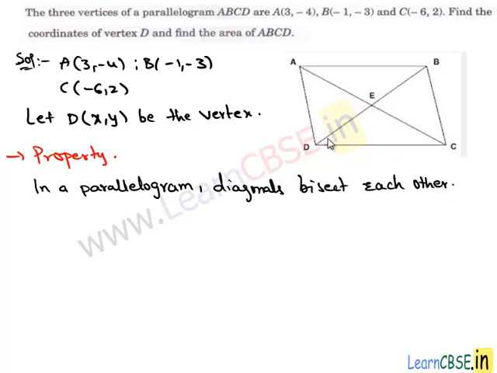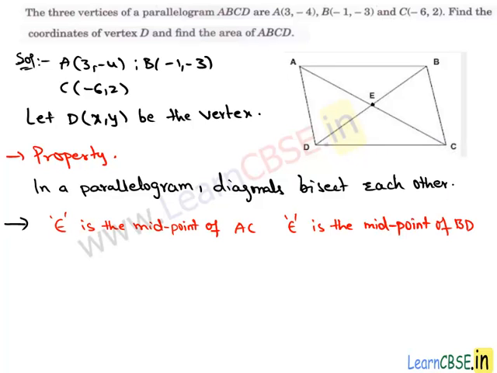That means each diagonal passes through the midpoint of the other diagonal. So here E is the midpoint of diagonals BD and AC. Therefore, the midpoint of AC is equal to the midpoint of BD.